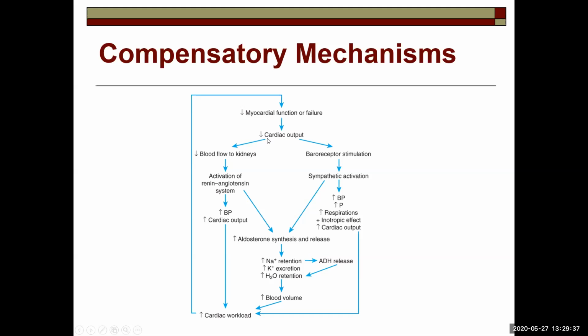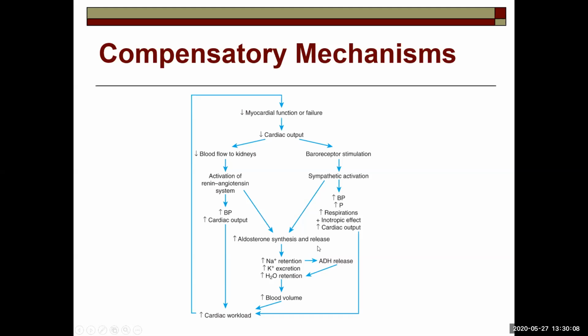If you go decrease in cardiac output and you're going into the baroreceptors again, you activate the sympathetic, that would increase the heart rate and then eventually increase the blood pressure. When you increase the blood pressure and the pulse, which is heart rate, you increase respiration also to compensate with that. You increase the inotropic effect of the muscles. You increase cardiac output, and that would increase the cardiac workload eventually.